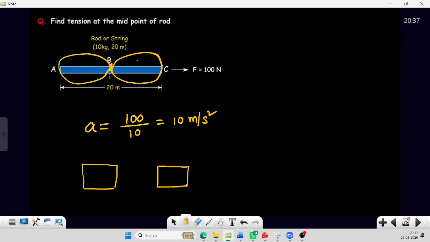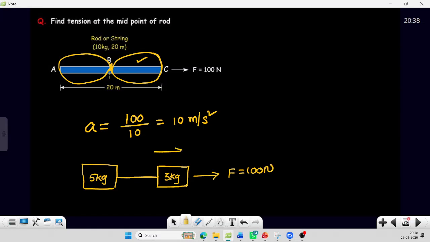What is the mass of this block? That is 5 kg, and the mass of this block is 5 kg, equally divided. Just imagine these two are connected by a massless string. Now you tell me, how much is the force we applied? 100 newtons we applied.